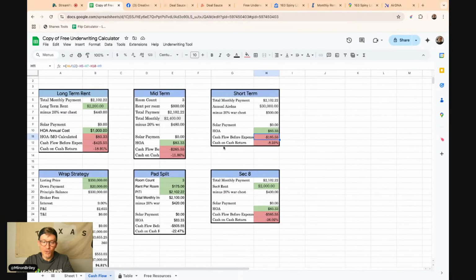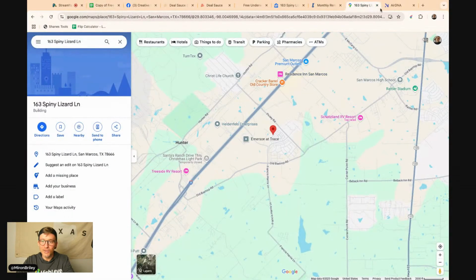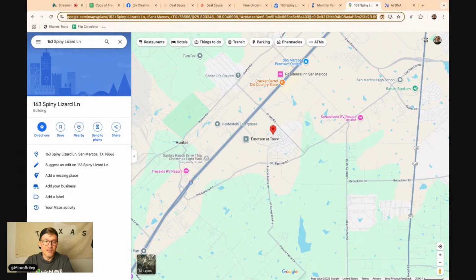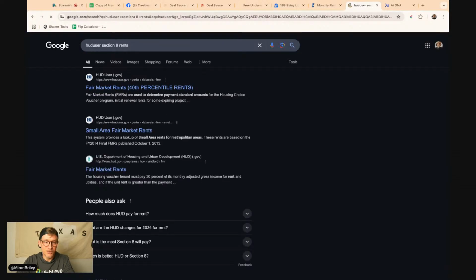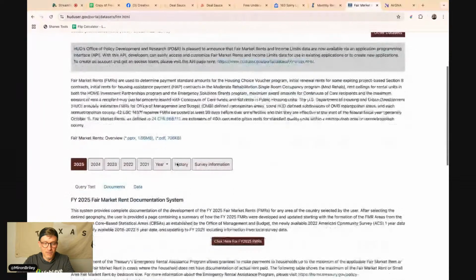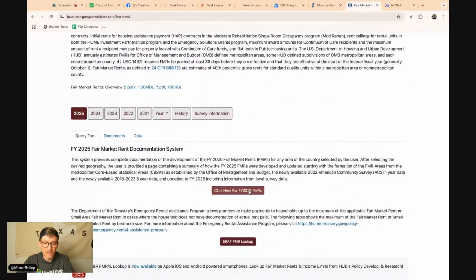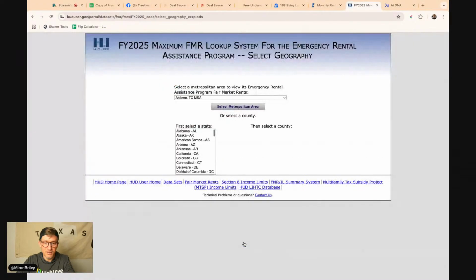Pad split, I have to go look at that. Section 8. I don't know. I guess I could look at Section 8. Man, I'm forgetting how to do Section 8. Oh, let me see. HUD User. Section 8 rents. Did this?